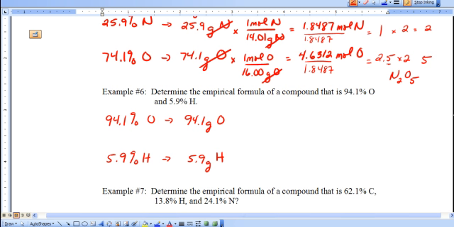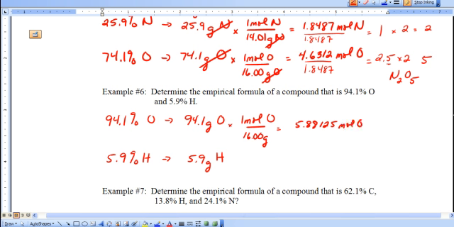And so we're going to follow the same procedure. We want to change the grams into moles because this is a mole ratio situation. The empirical formula is the lowest whole number mole ratio. So 1 mole of oxygen has a mass of 16 grams. And so when you take 94.1 divided by 16, I get 5.88125 moles of oxygen.